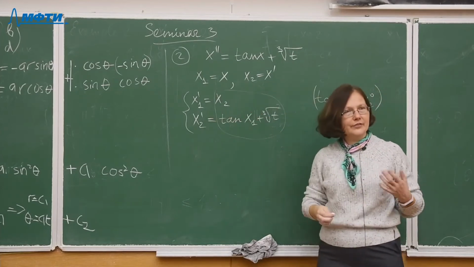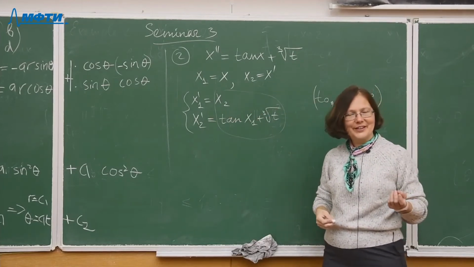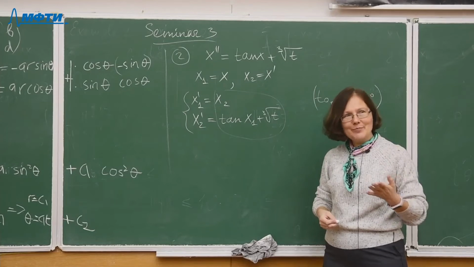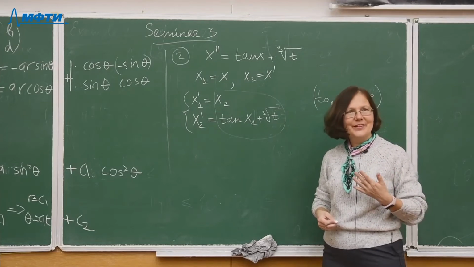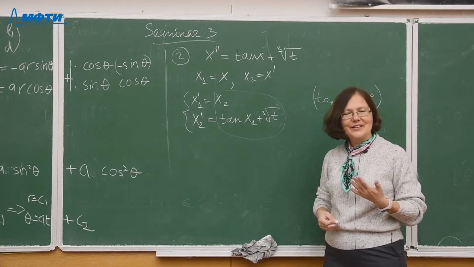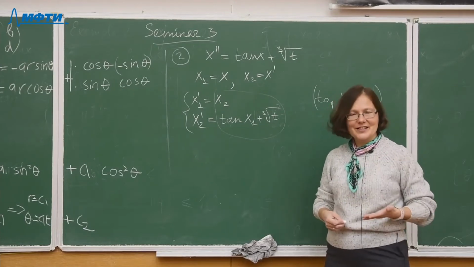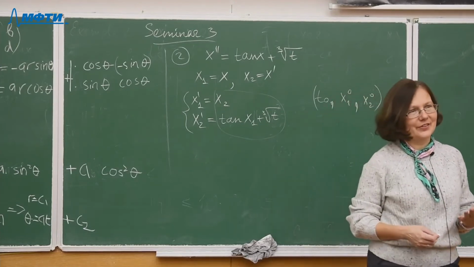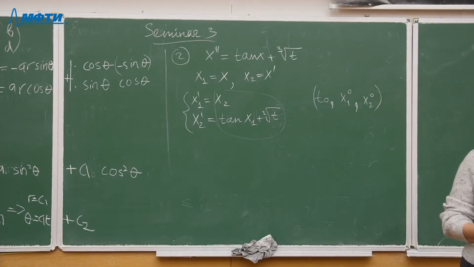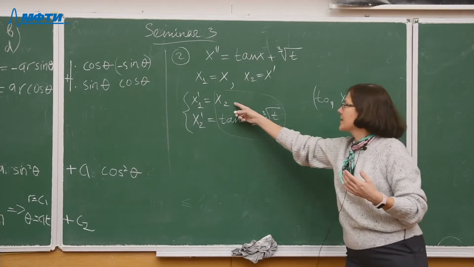This is a vector function f. To apply the Picard-Lindelöf theorem, we must check the assumptions, the hypothesis of this theorem. The function must be continuous in all the variables, and it must be locally Lipschitz in the variables x1 and x2.